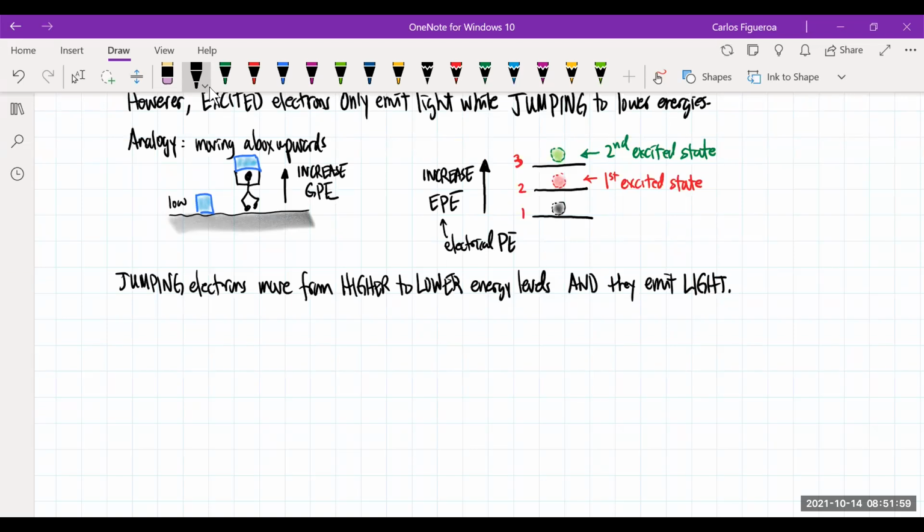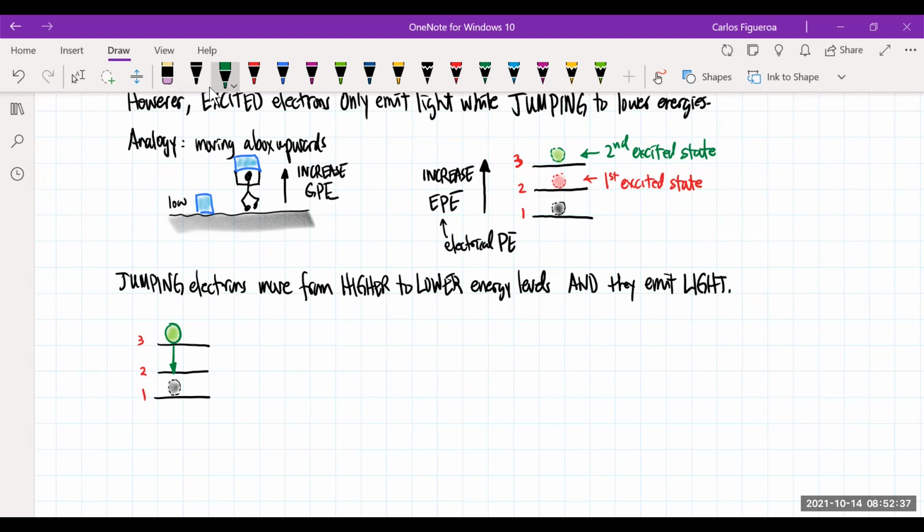And so here's what we find. If I now stick to the same energy levels that we were talking about, it goes something like this. So I have 3, 2, 1. And let's say that I have an electron right here. And the electron can jump all the way down to here. As this guy jumps from here to here, what does it do?